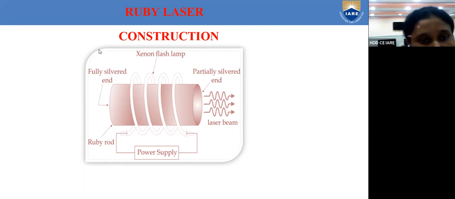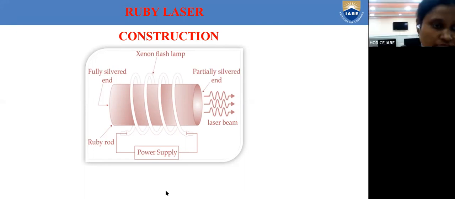Now, I want all of you to draw this figure in your notes. Draw it fast so that we can discuss the working. Biodegradable polymers undergo degradation, that is decomposition of polymers caused by fungi or bacteria, and they are easily compostable.